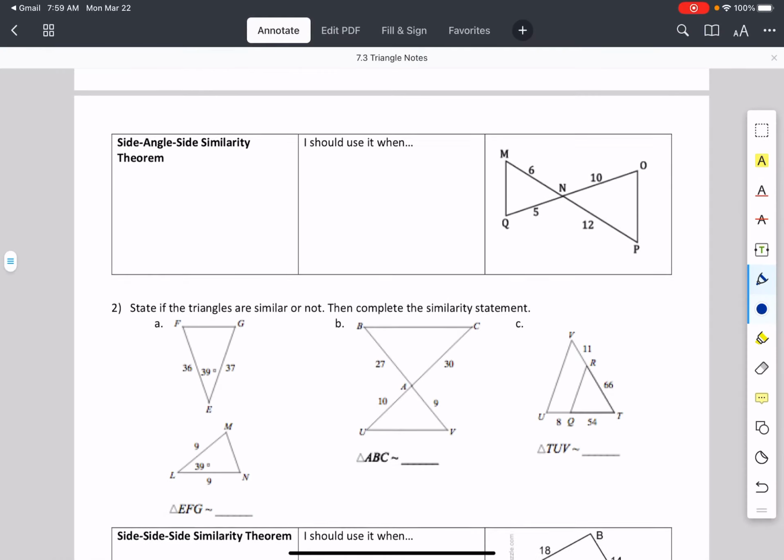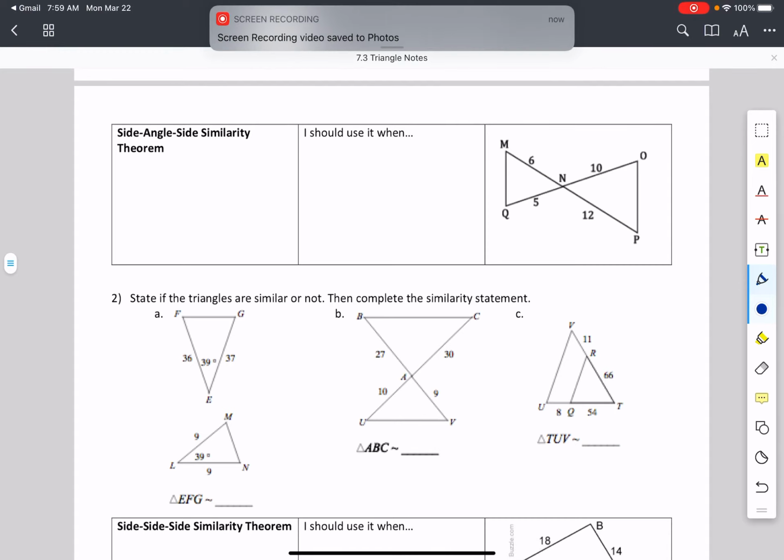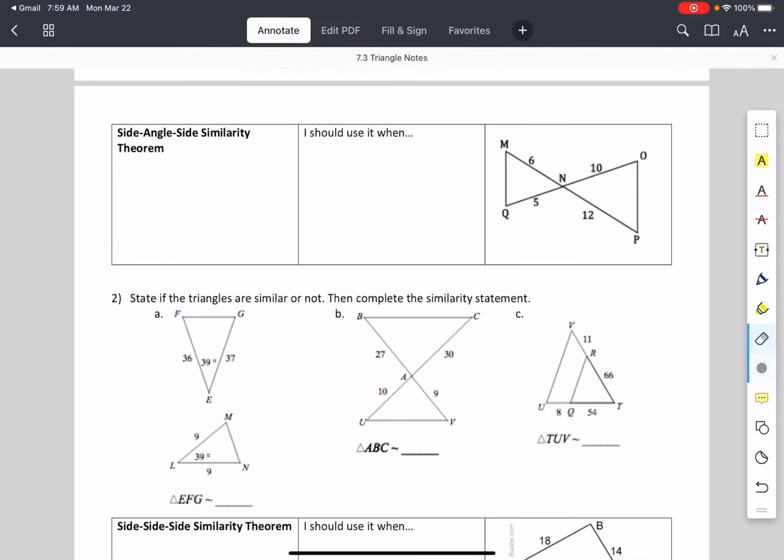Okay. Next one, side angle side similarity theorem. This one is when I have two pairs of sides with the same scale factor, right? We use K for that.